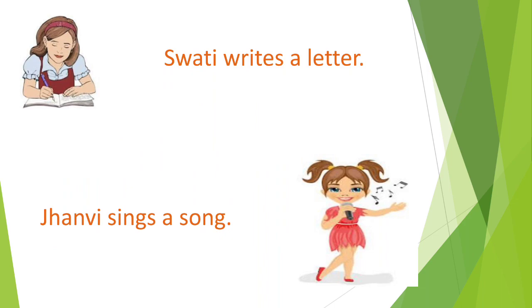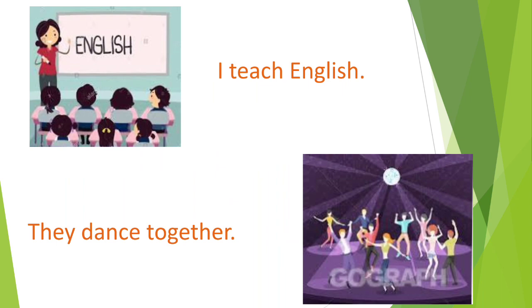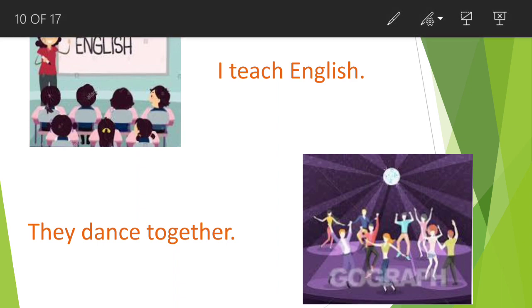It is because we use S or ES only with third person singular or with a name. So here they dance together. They is also a third person, but it is in the plural form. So we don't use S or ES with they.